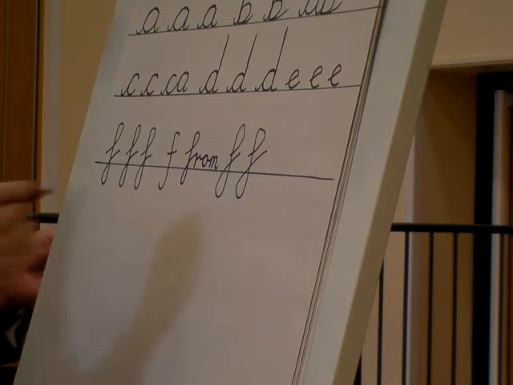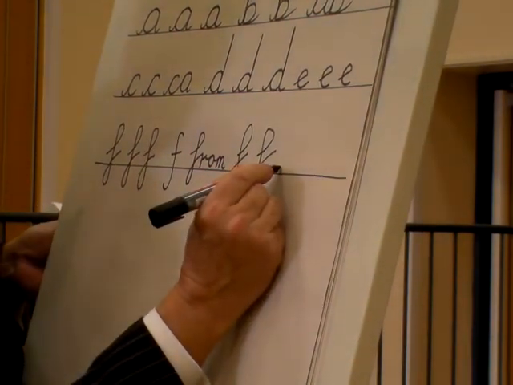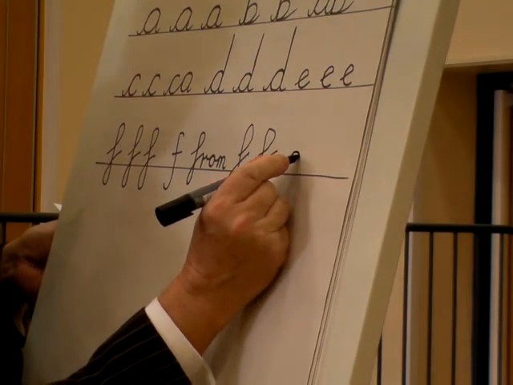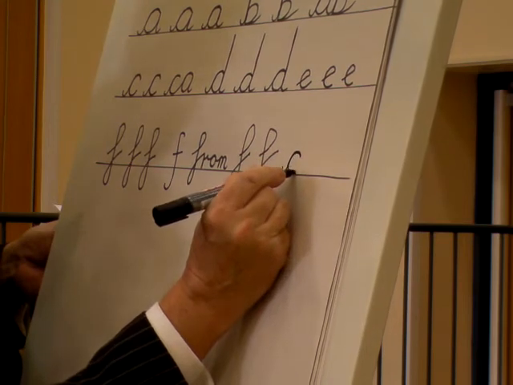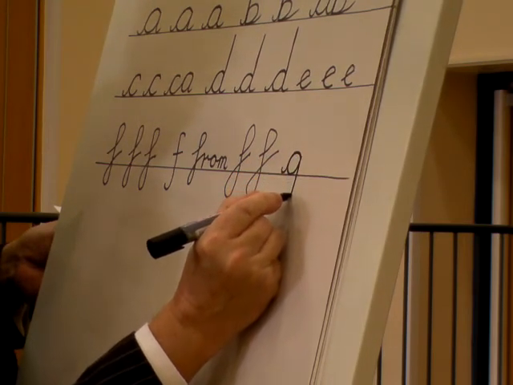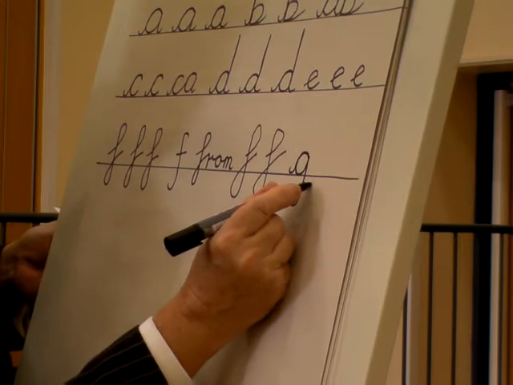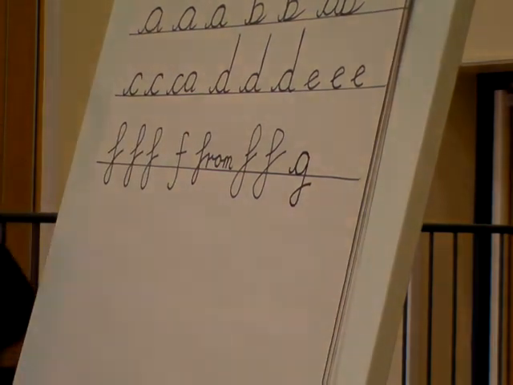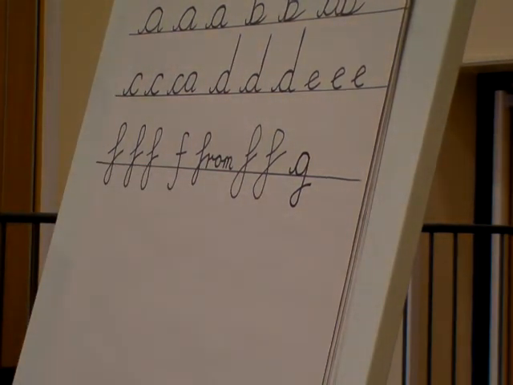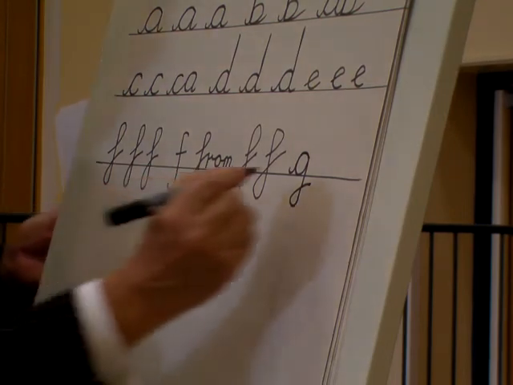So for instance, when we get to our next letter, which is a G, goes round to 2 o'clock, back, up, down, and then we put a little tail on it. We put a little tail on it like that, so that we can join it up to the next letter.